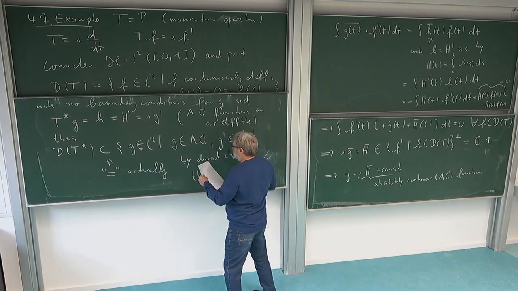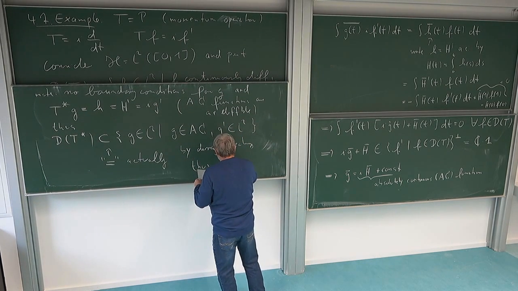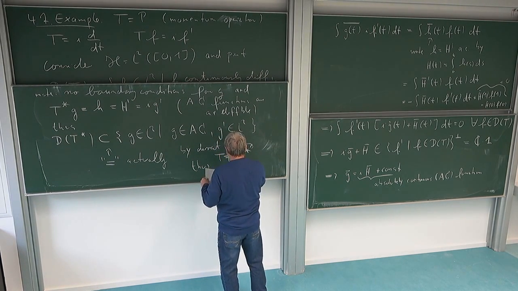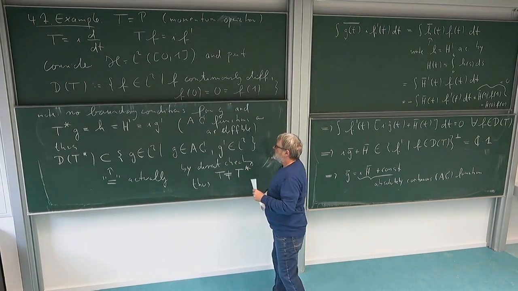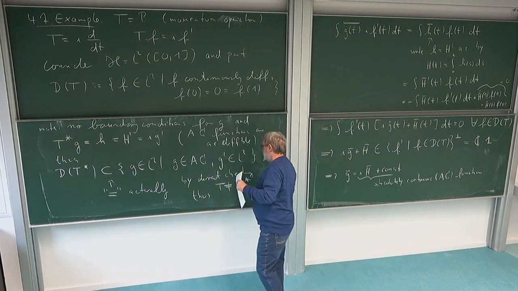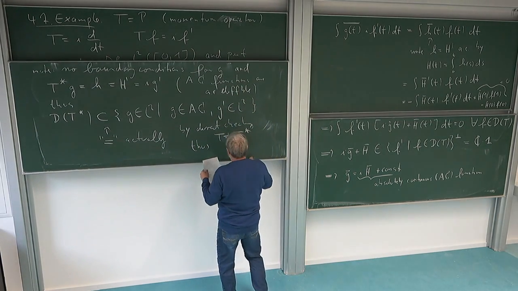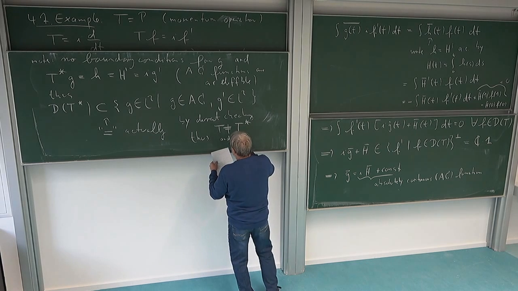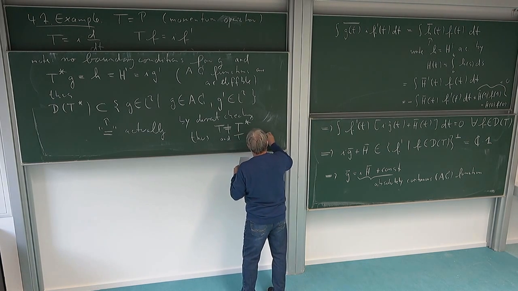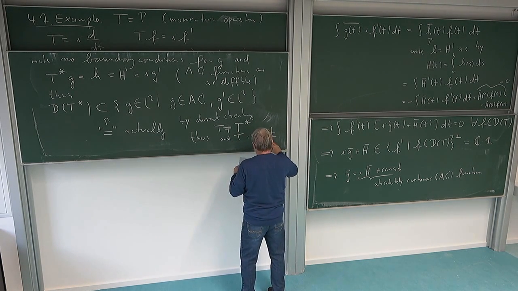So this means that T is not T star. T star is of course an extension of T. Here the domain of T star is much bigger than the domain of T, but T is not self-adjoint. So it's really different here, and so T is not self-adjoint.